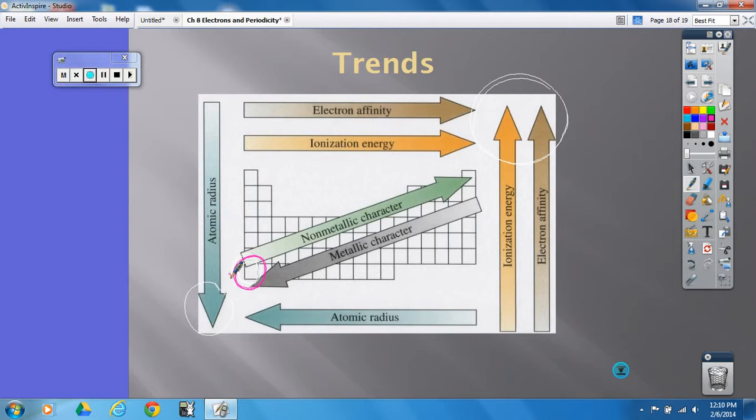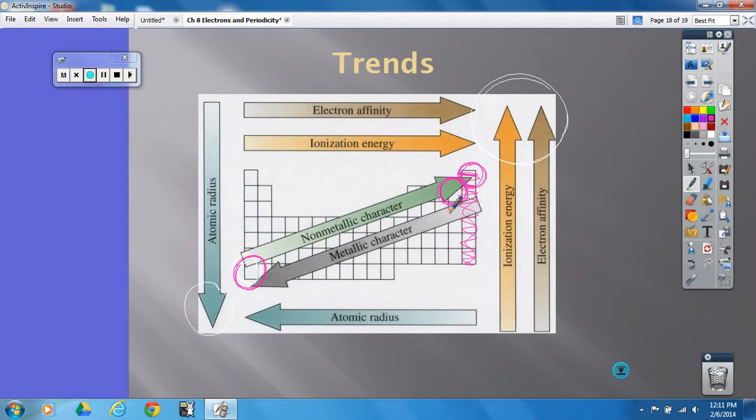Opposite of that, in the upper right-hand corner, over here, are the epitome of the non-metals. With the exception of the noble gases, so let's take that one out, let's circle fluorine. Fluorine is the most non-metallic element.